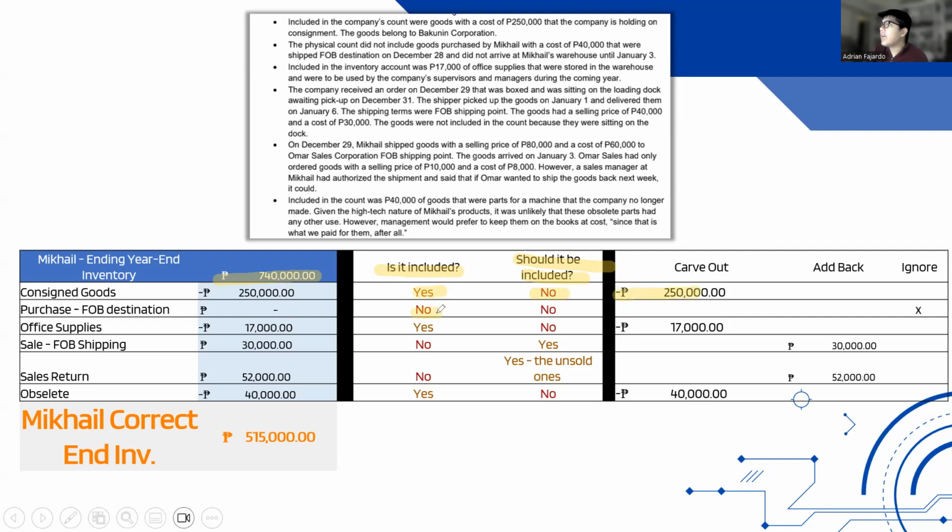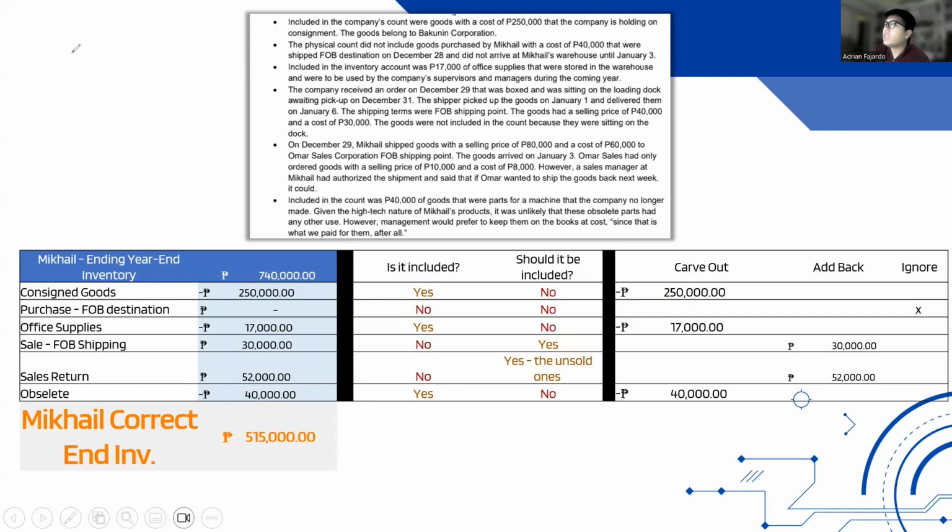Kapag hindi niya in-include at tama naman na hindi in-include, i-ignore. Kung hindi niya in-include pero dapat i-include, we add back. Right? And then, basically, using those different effects, we just compute. So 740 minus 250 minus 17 plus 30 plus 52 minus 40 is 550.